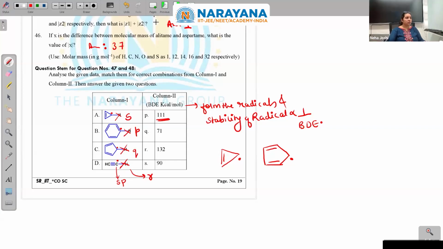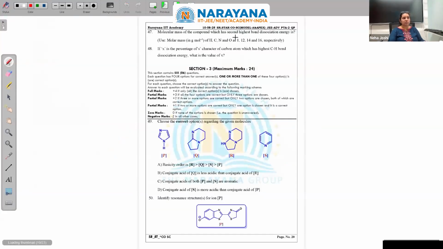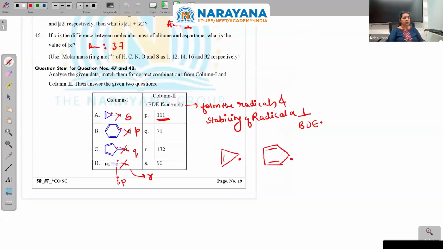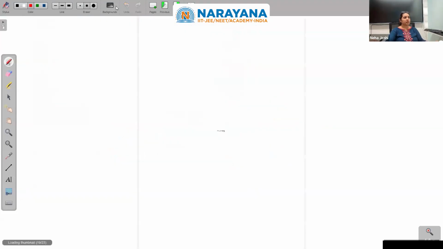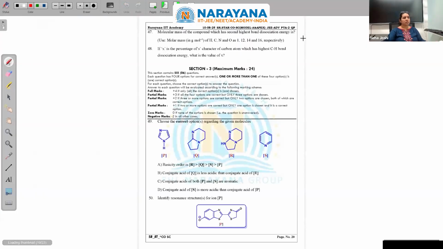Now let us see what question is asked. The molecular mass of the compound which has the second highest bond dissociation energy. So the second highest was 111, benzene, correct? For benzene, the answer is 78.